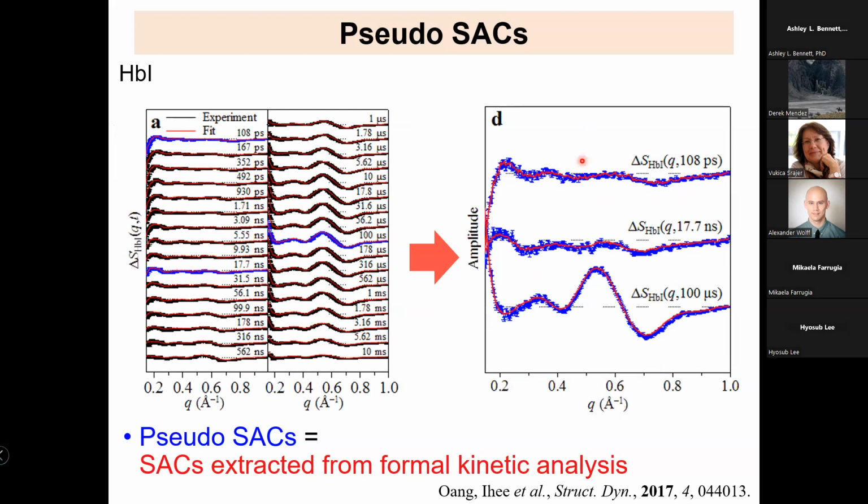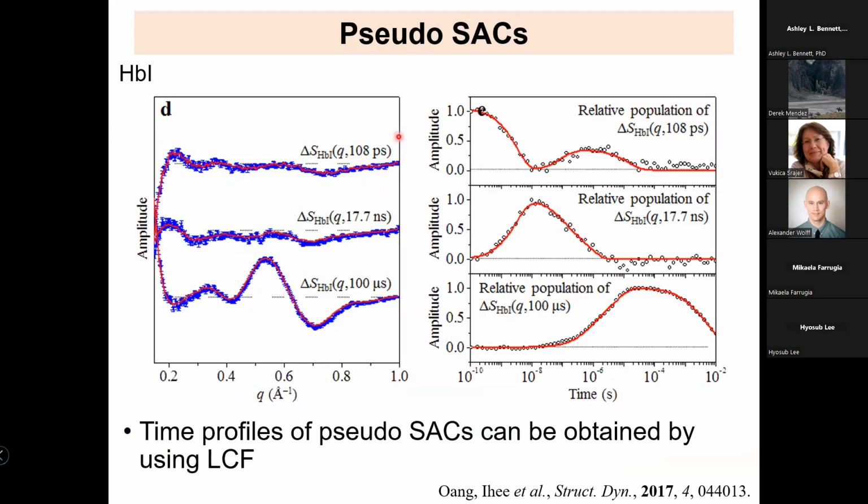We confirmed that the species-associated curves determined in this way match the previously determined species-associated curves. By performing linear combination fitting to the data using these three components, we can obtain the time-dependent changes of the population of each species.